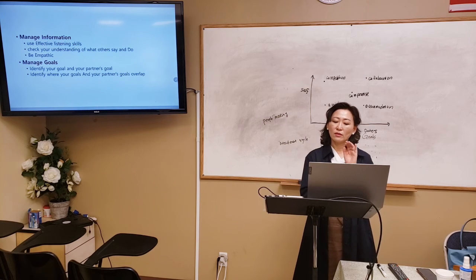So it's useful to identify your partner's goal. In order to manage conflict, you need to know what the other person wants. Use effective listening and responding skills to determine what each of you wants, and verbalize your goals.